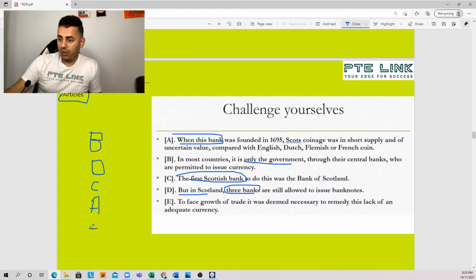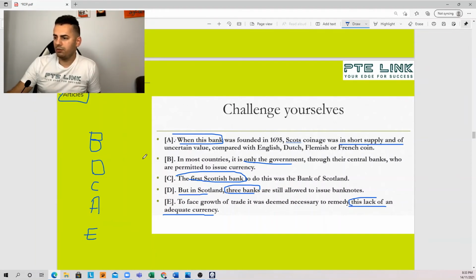And E will be the conclusion or the last sentence, because they did talk here about the lack of an adequate currency. This lack, by the way, was introduced in A when they said short supply and of uncertain value. So this is reflecting on this, and this will be the final answer.